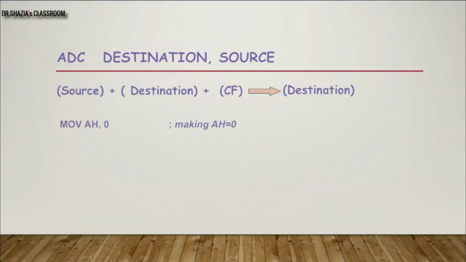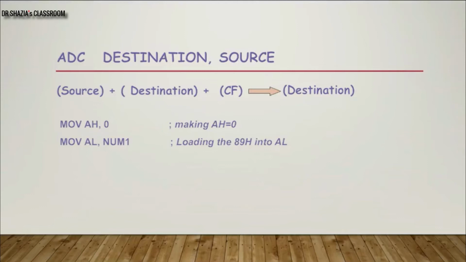So we'll take up one example to understand how add with carry works. Here, to store the end around carry generated, I'm using the register AH, and I have initially made the value of AH as 0. Next, I am loading the data 89, which is available as a variable named num1, to the AL register.